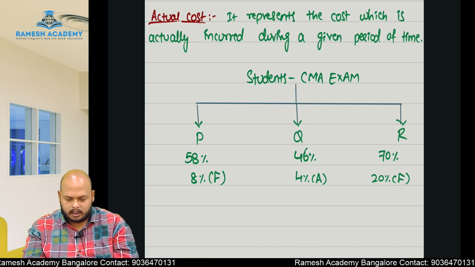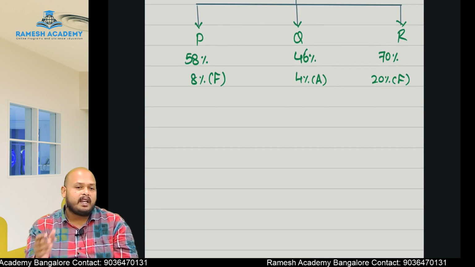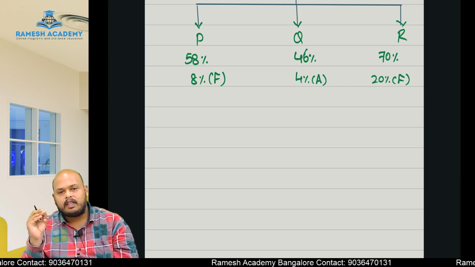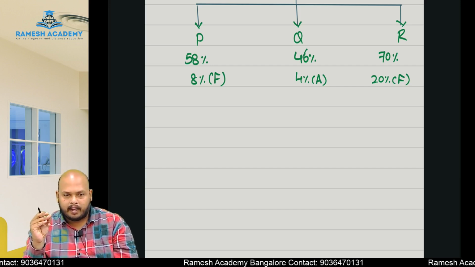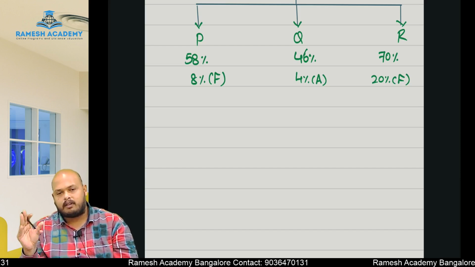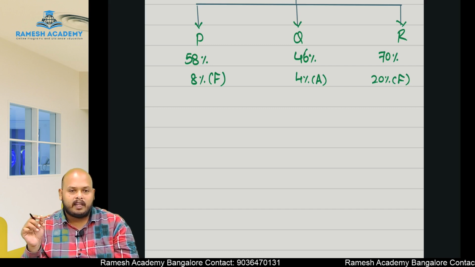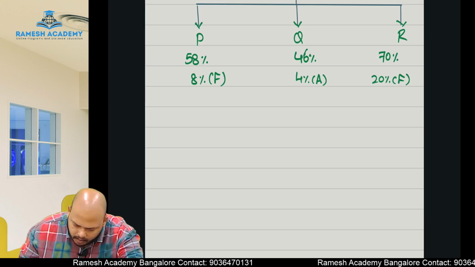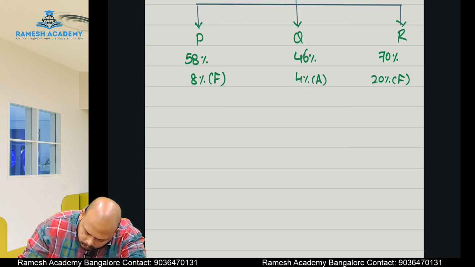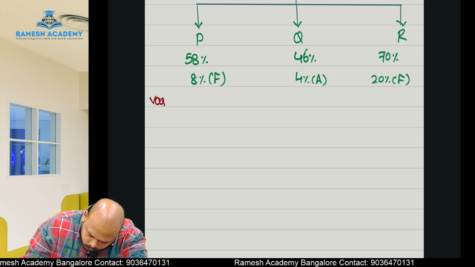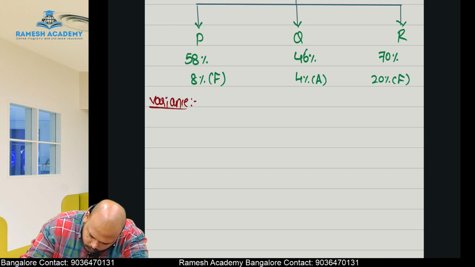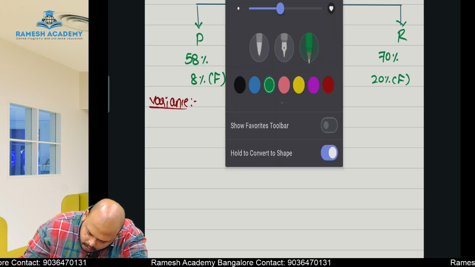So this is called which cost? Actual cost. Next, when we are comparing the standard cost with actual cost, the difference between the actual cost and the expected cost, that we call a variance. Okay? Next definition we have is variance. What do you mean by variance?